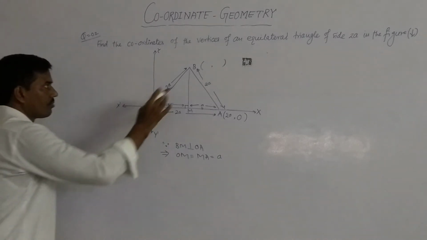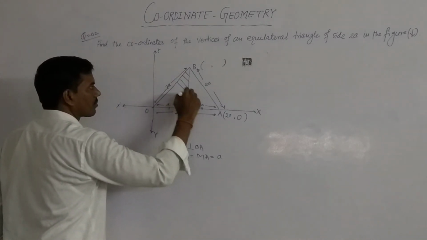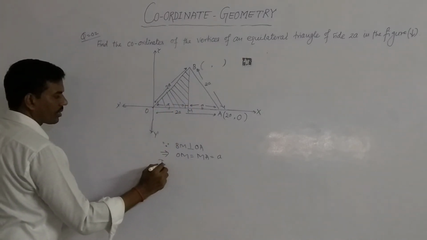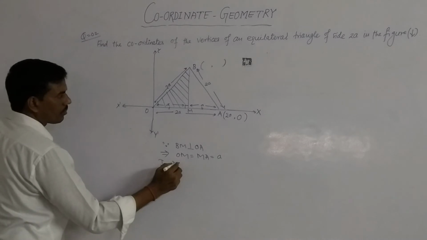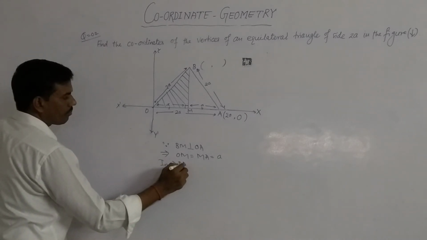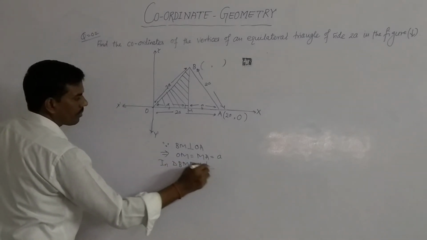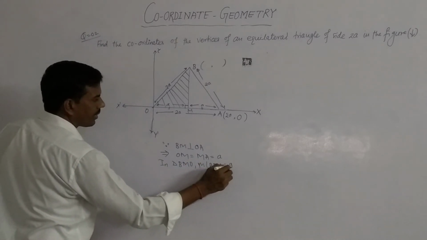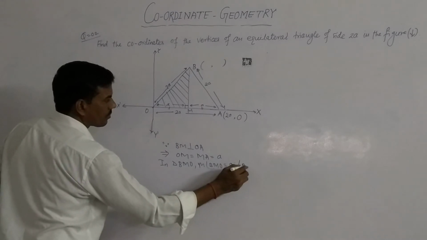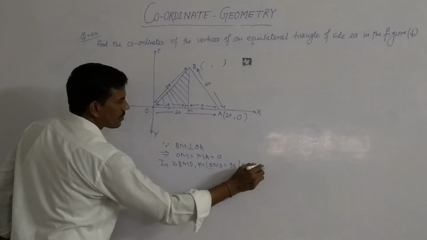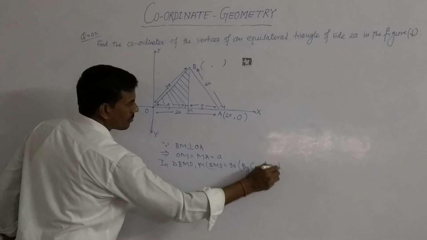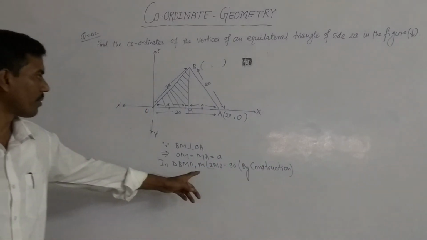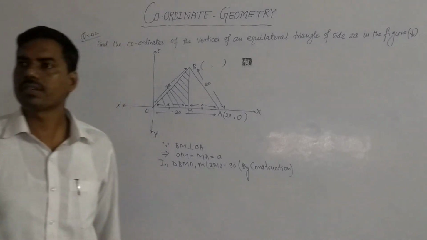So in this way we have a right angle triangle, triangle BMO. The measurement of angle BMO is 90 degrees by construction. The reason is by construction.